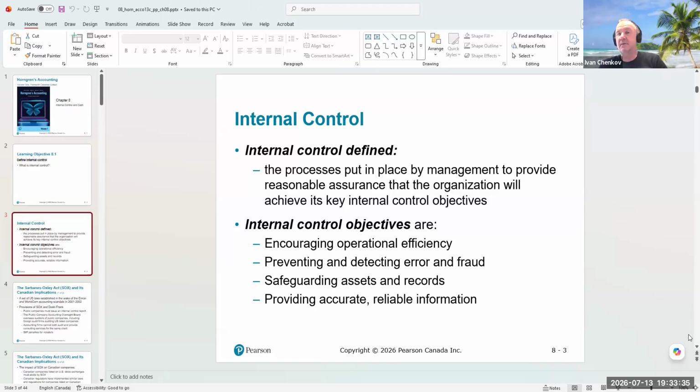Preventing and detecting errors and fraud. Here, as you can see, we are on the side of preventing. Obviously, if we go to detecting, that means we failed to prevent.